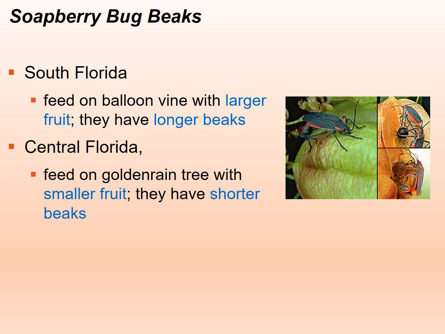Same thing with Central Florida. Let's say it started out with short beaks. They didn't need to evolve longer beaks because the shorter beaks were working. So now you're going to see more shorter beaks. So there's a correlation between fruit size and beak size. And this is also seen in other states as well. So it's not just Florida.